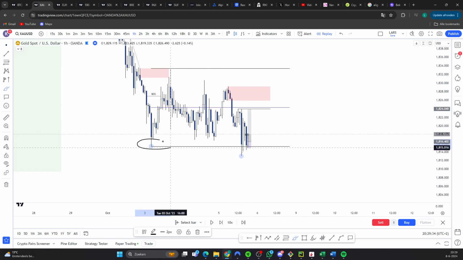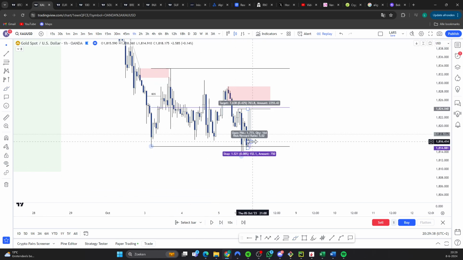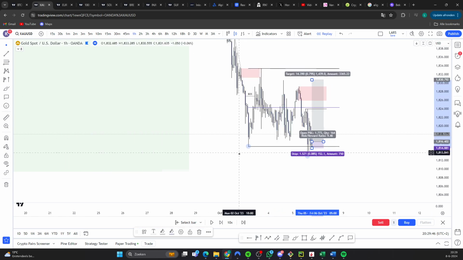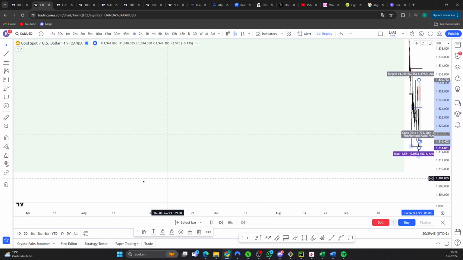This is just one tap, a 1 and a 2. Another 1, 2, 3. But on the local time frame, it could come all the way up there. It could for sure. Is there a reason to come lower?